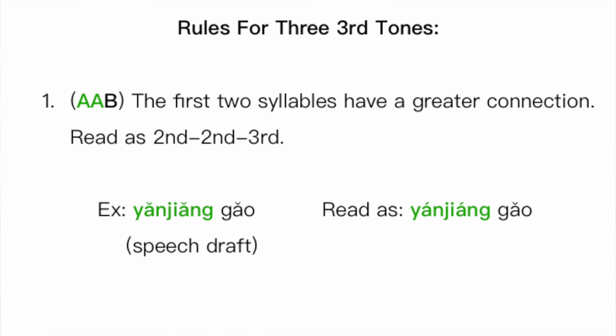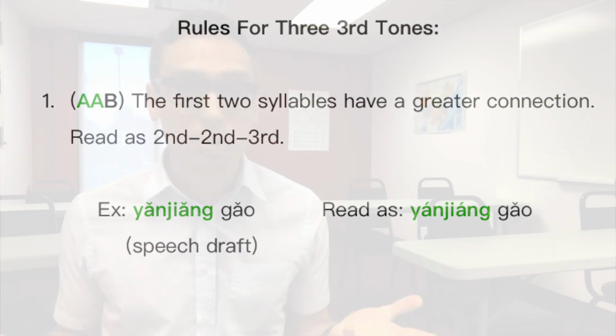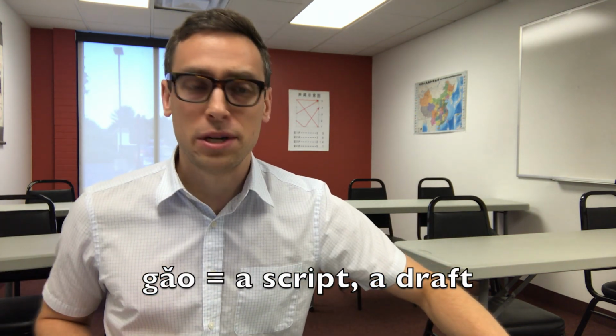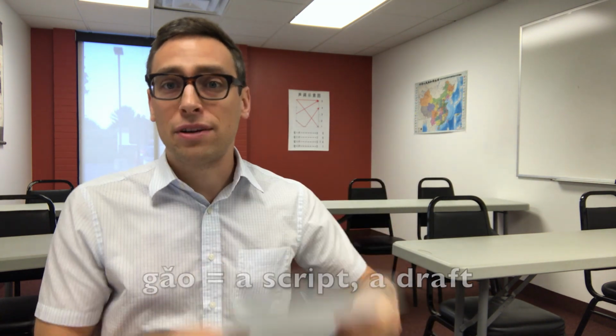What do I mean by connection? Well, think of it this way. We have the word 演讲稿. Together, this means a copy of your speech, or a speech printed out. But what do these words mean individually? You can think of 稿 as the actual piece of paper with the speech printed out. It's kind of like what I have here for my video today.